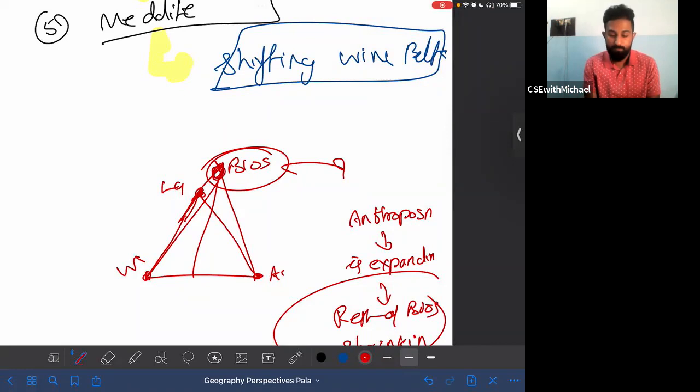Ecology is a study, or you can say the science that studies the interdependent and mutually reactive relationship between the organisms and their physical environment on one hand, and between the organisms themselves on the other hand.